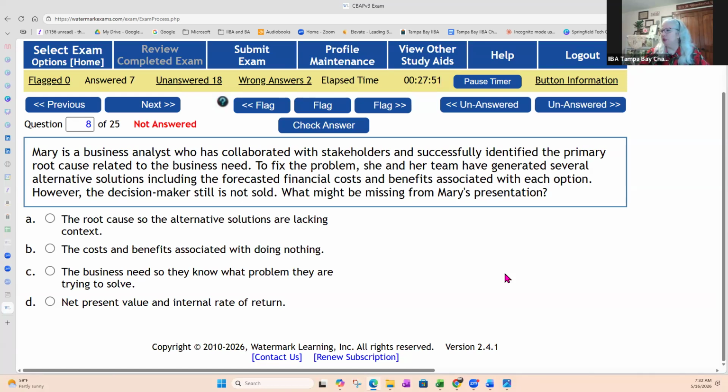What might be missing from Mary's presentation? The root cause, so the alternative solutions are lacking context; the costs and benefits associated with doing nothing; the business needs so that they know what problem they are trying to solve; or the net present value and the internal rate of return. Which one do we think is missing?